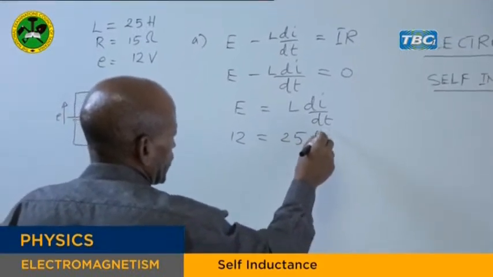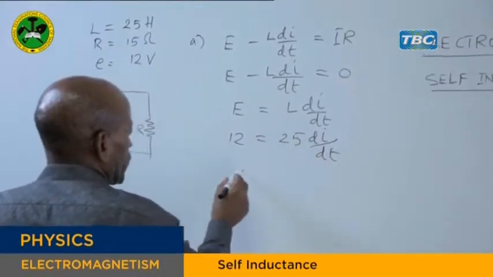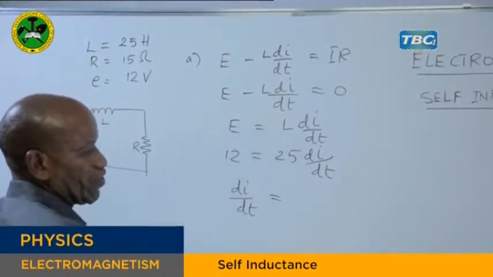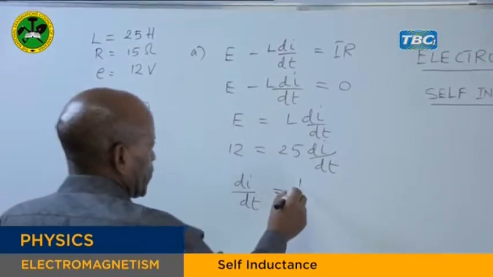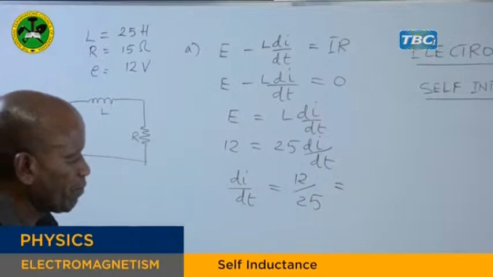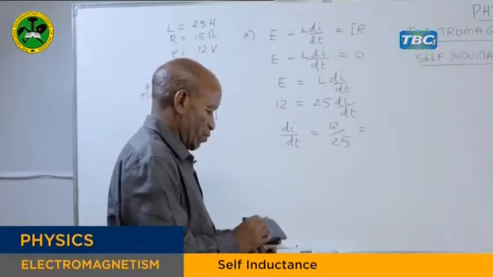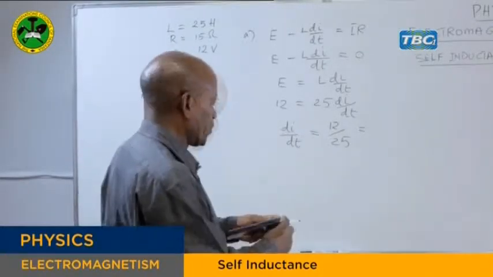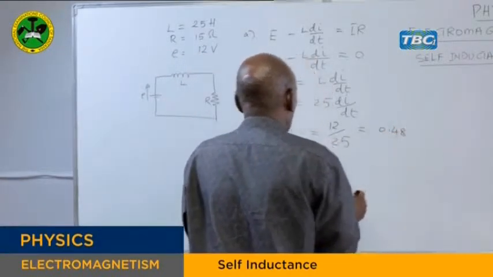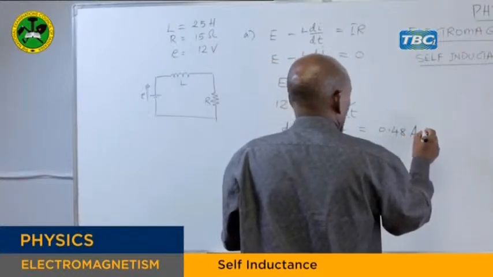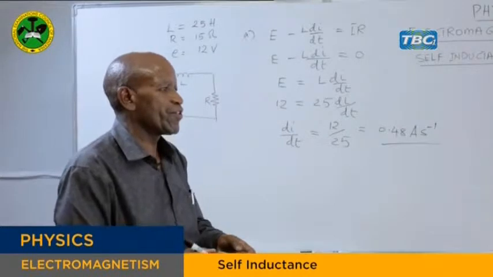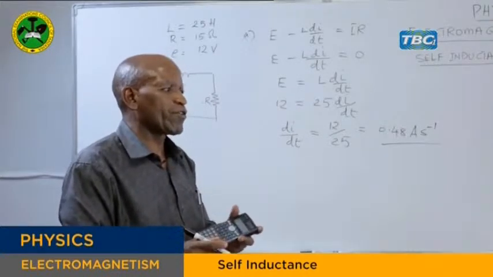So di/dt, which is the rate of change of the current, will be equal to 12 over 25. If you compute, you will obtain 0.48 ampere per second. So this is the rate of change of current immediately after closing the switch.